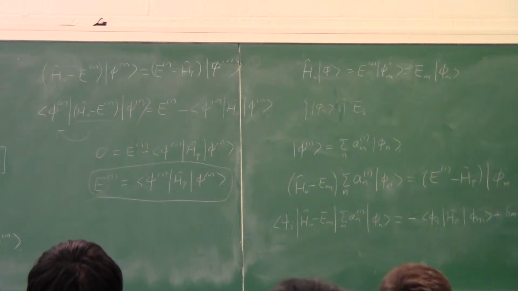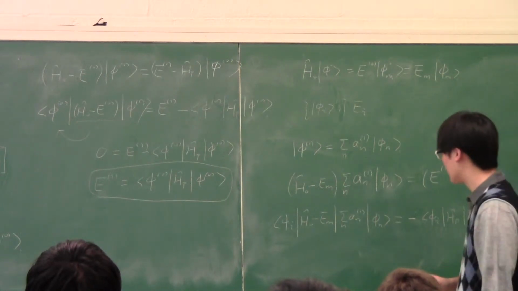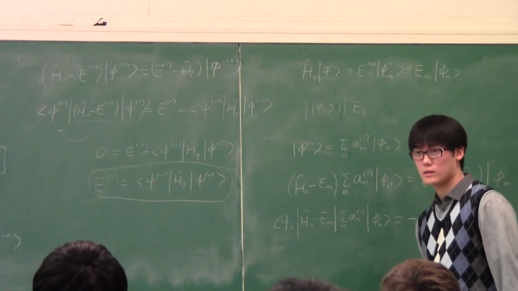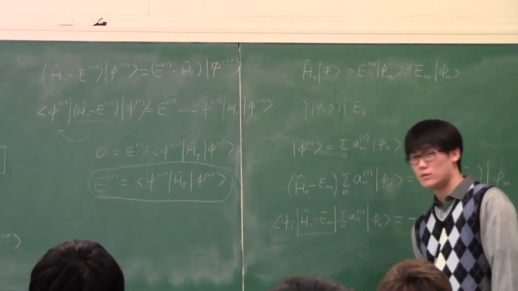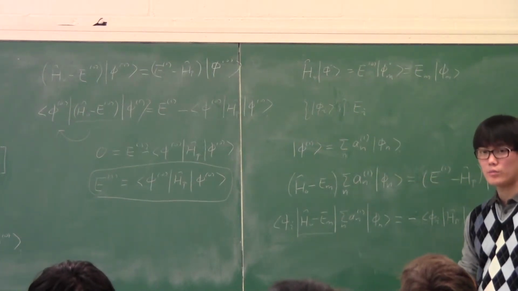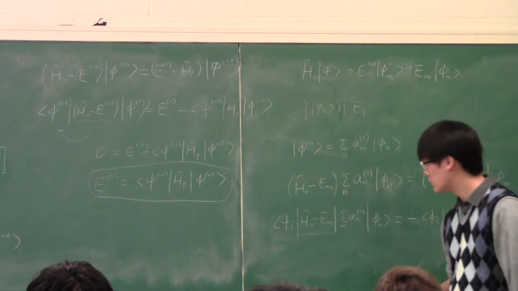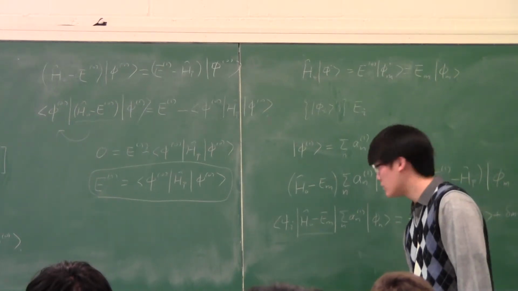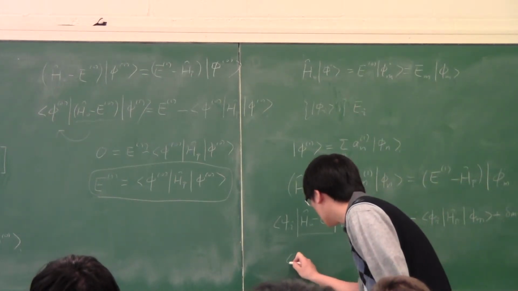Correct? So now we ask, what is this? Again, you interpret this as you operate on a bra from the right. Okay. So this gives you Ei.